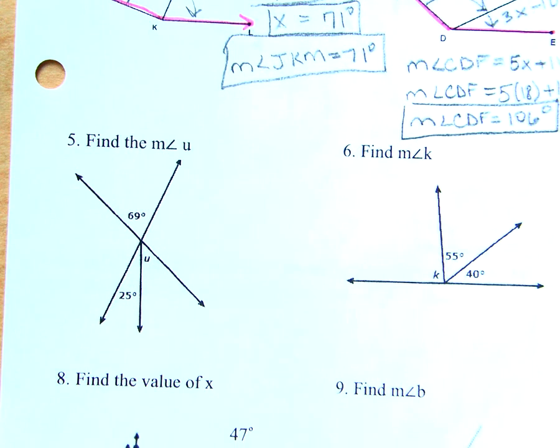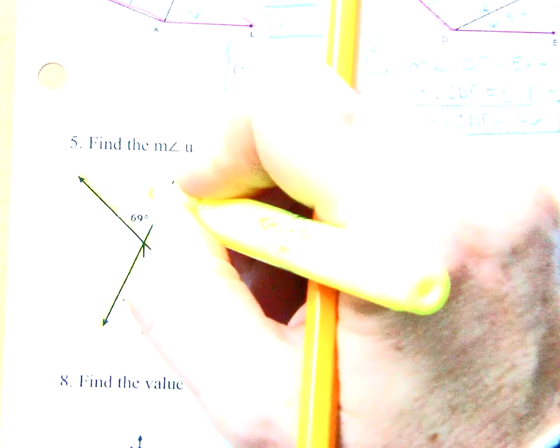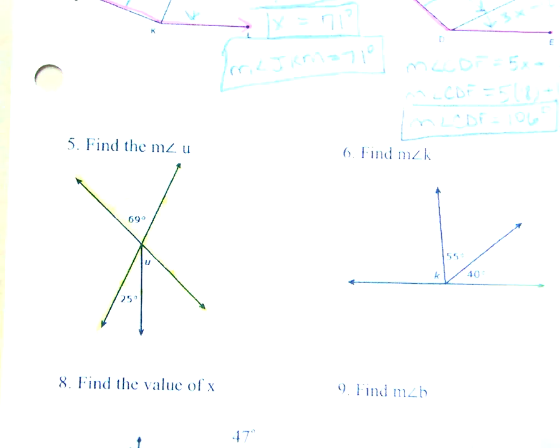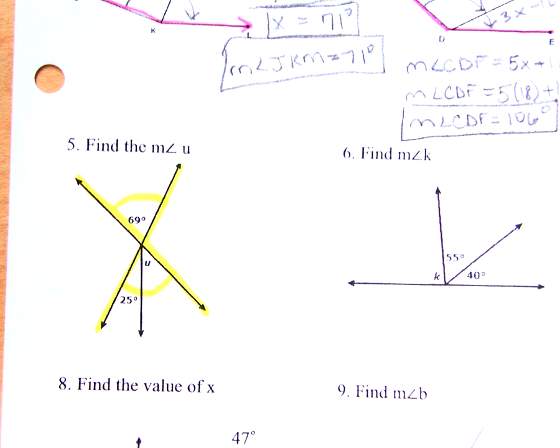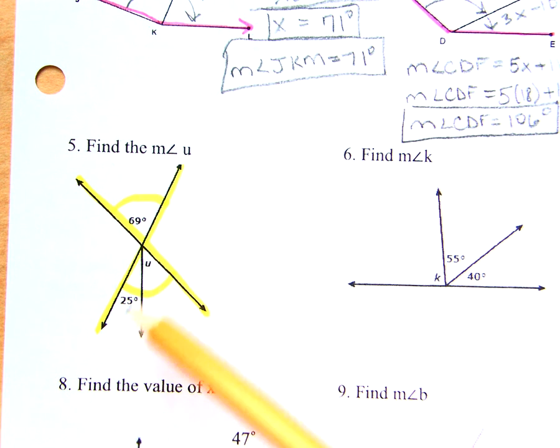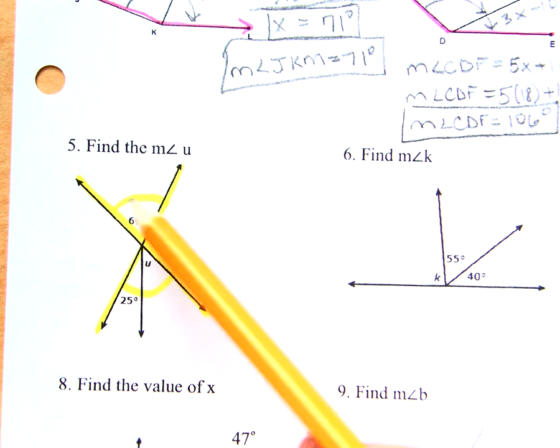All right, moving on to question number 5. It says find the measure of angle U. I'm seeing vertical angles, right? I'm seeing this x, and that tells me that this angle and this angle are going to be the same. I know that if I combined 25 and U, I would get 69.